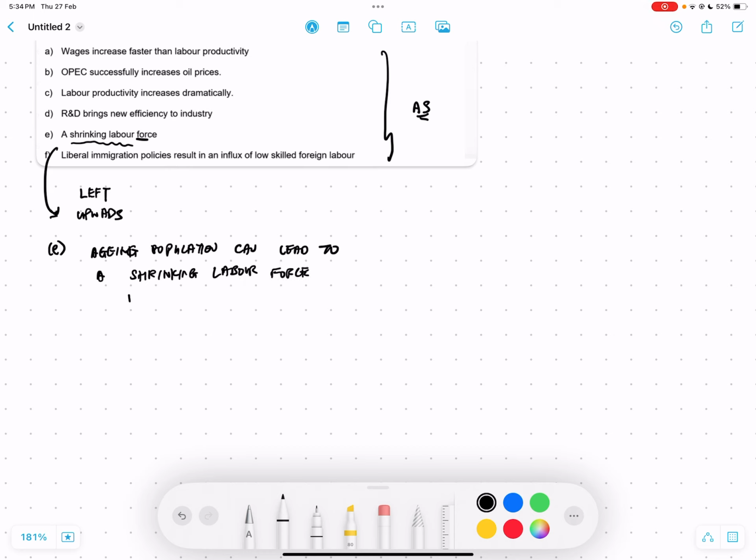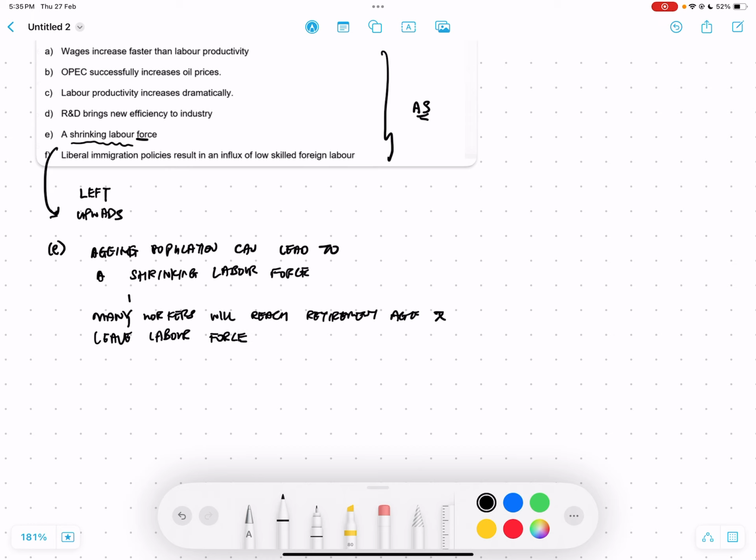Why? Because many workers will reach the retirement age, and leave the labor force.